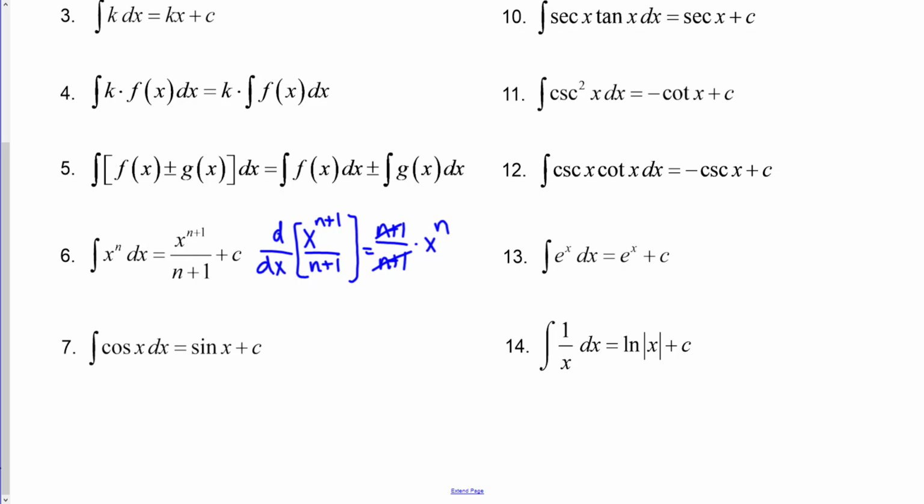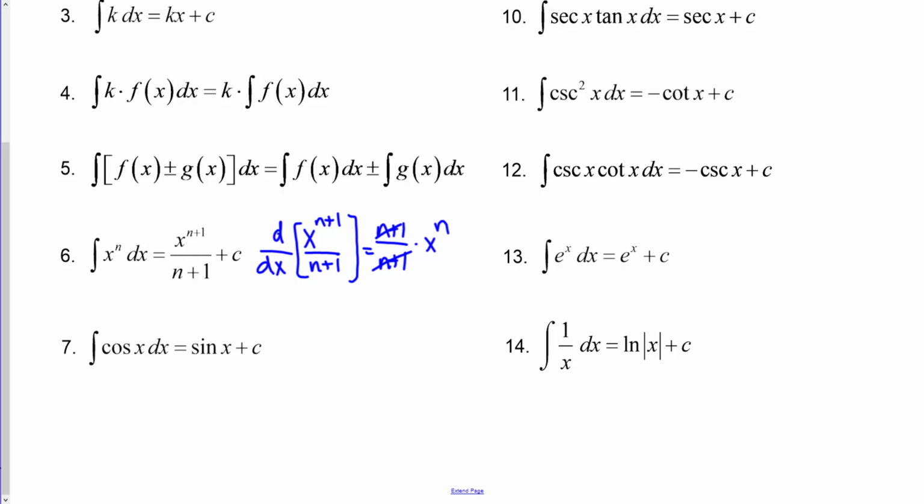This is important because you can't take the natural log of a negative number, and because the function 1 over x could be positive or negative, you can't really determine if the original value of x was positive or negative. So to make sure you get a valid antiderivative, we take the absolute value of x.